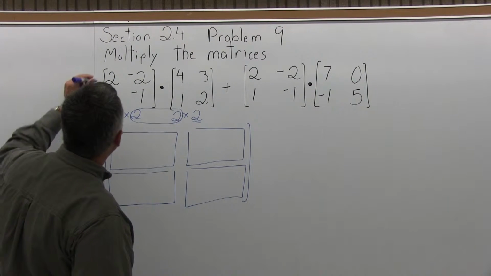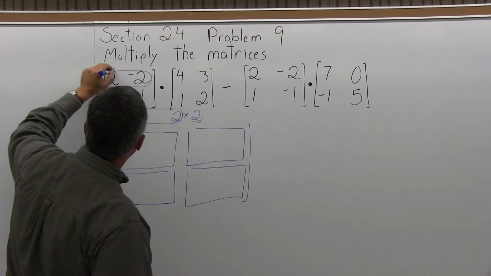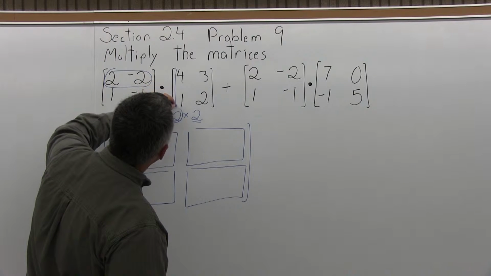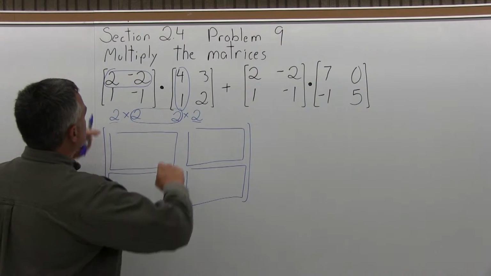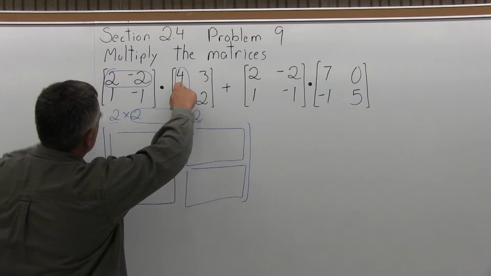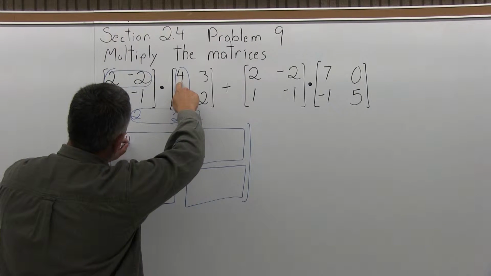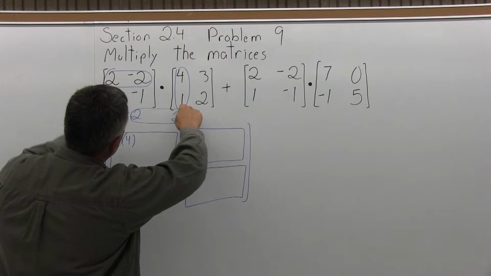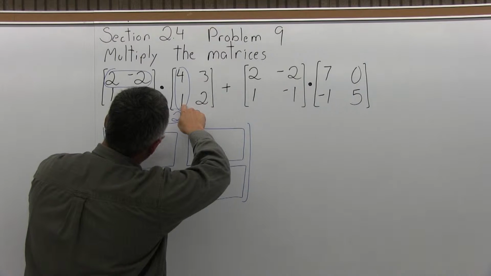So to start this off, I'm going to multiply the top row of the first matrix, 2, -2, times the first column of the second matrix, 4, 1. So when I multiply that, I will multiply first times first, which is 2 times 4, plus second times second, which is -2 times 1.